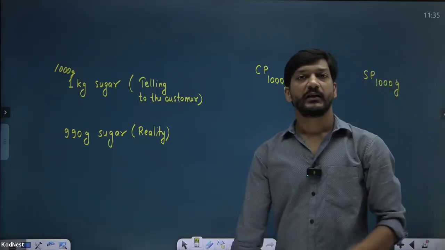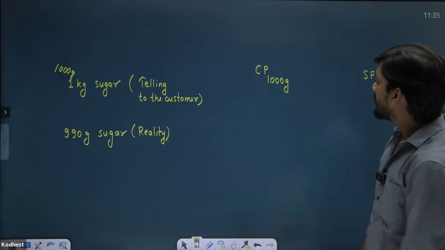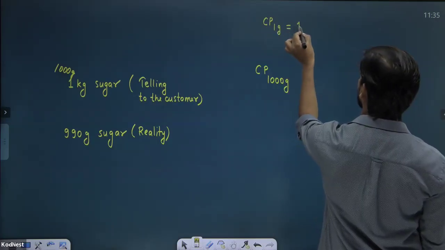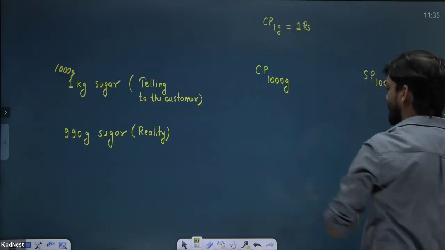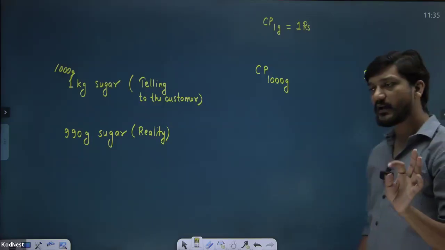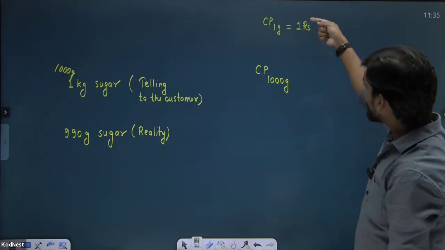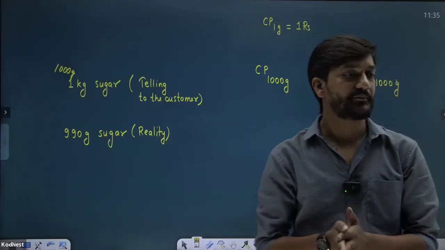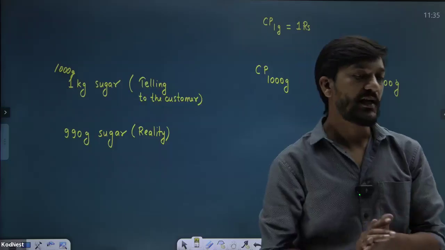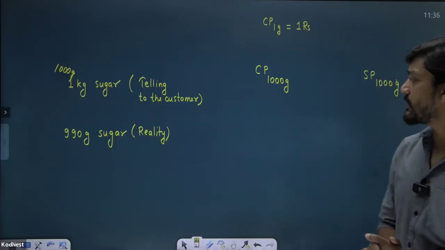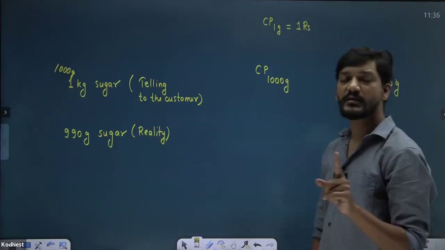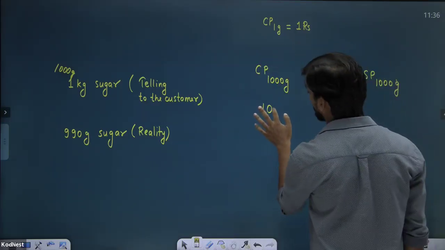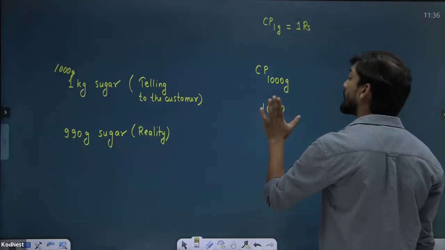Without any cheating, I'm assuming cost price of 1 gram is 1 rupee for simplicity. So cost price of 1 gram, 1 rupee, cost price of 1000 grams, how much rupees? Please answer. 1 gram, 1 rupee, 1000 grams, that means 1 kg, 1000 rupees.